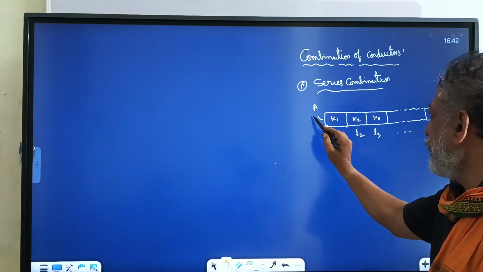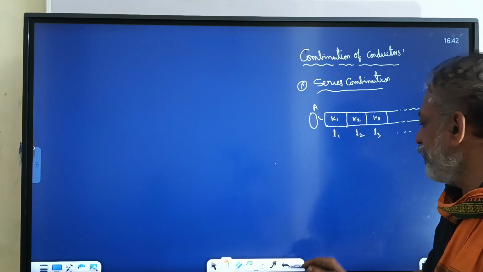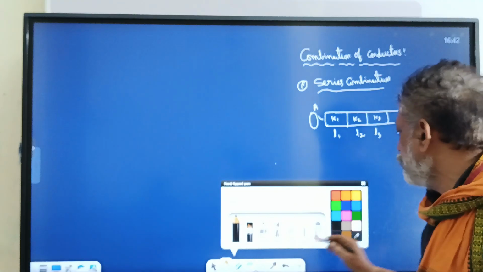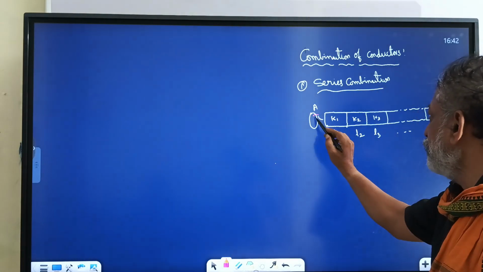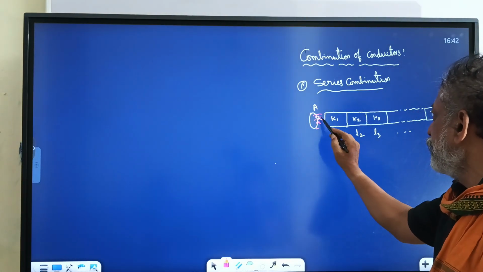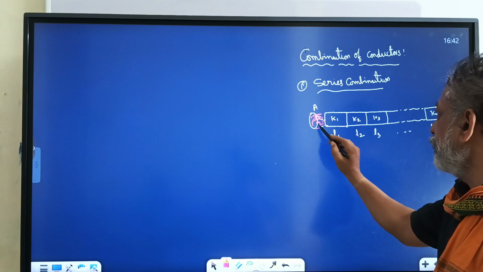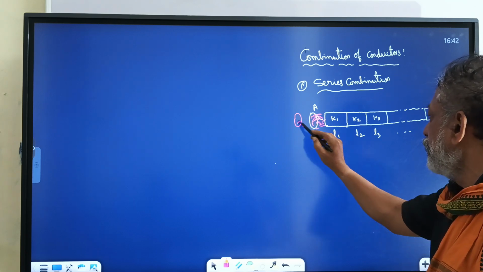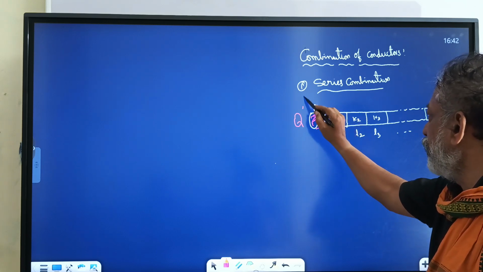Now as I am going to apply heat, what is going to happen? Heat is going to be transferred through these conductors. Q is the quantity of heat applied, and t stands for the time of flow of heat.